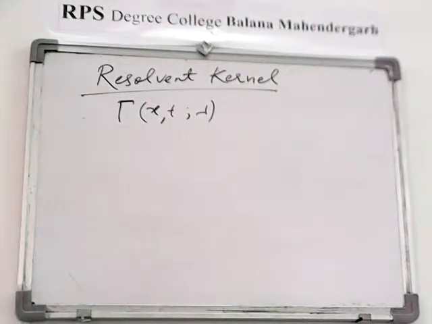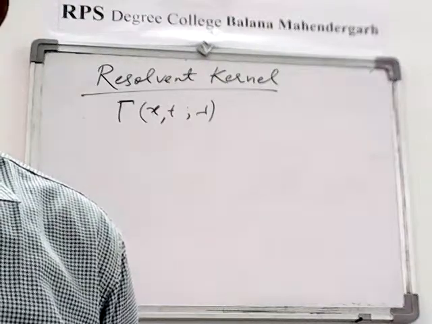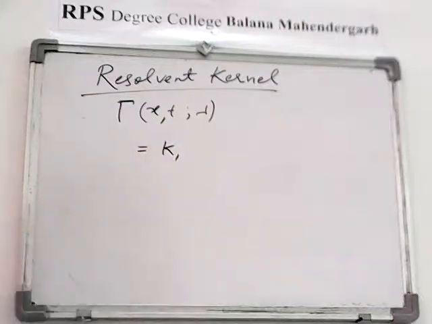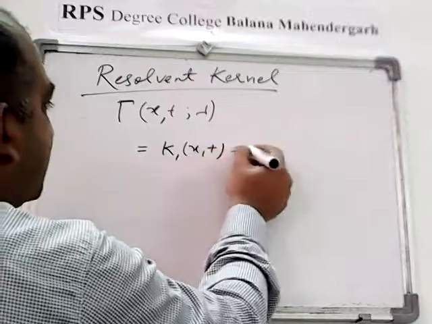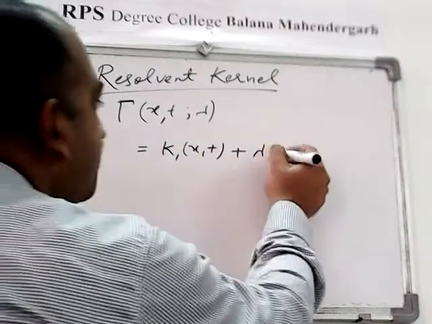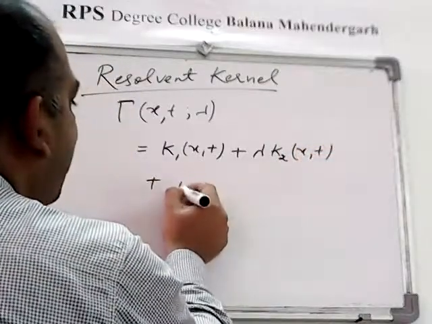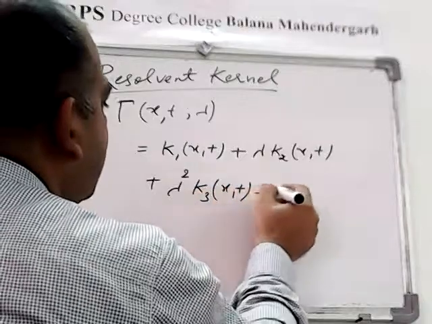This is the symbol to represent the resolvent kernel, and its value is equal to K1(x, t) plus λ K2(x, t), then λ² K3(x, t).